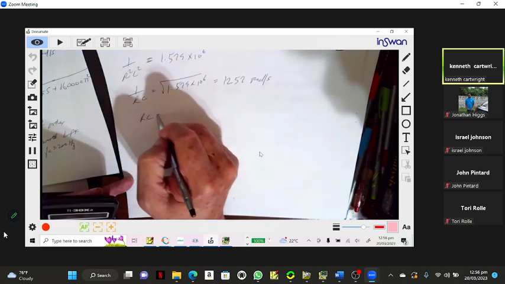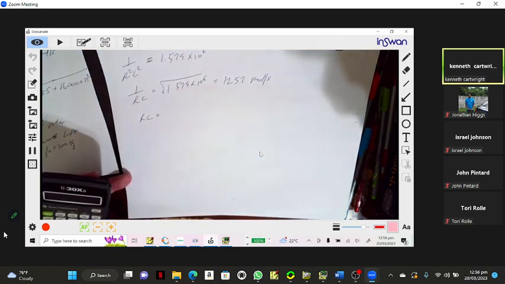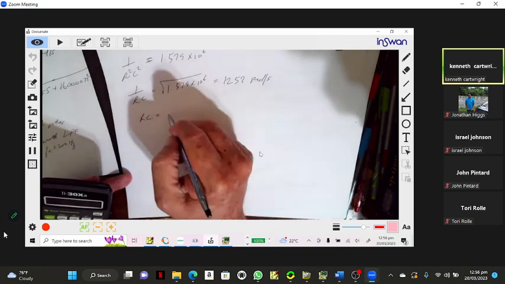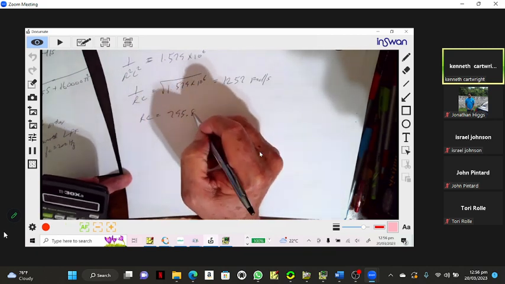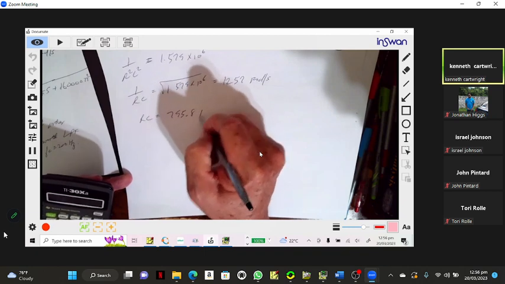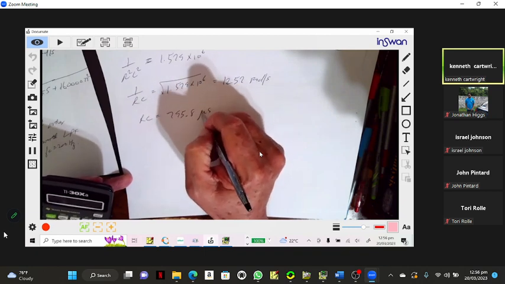Therefore, RC equals the reciprocal of that, 795.8 microseconds.